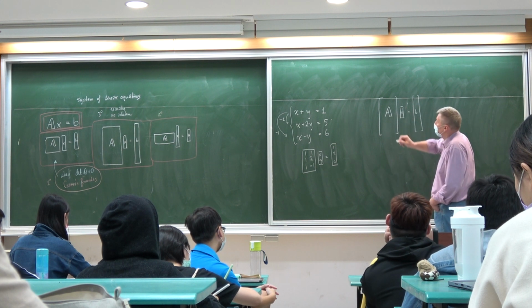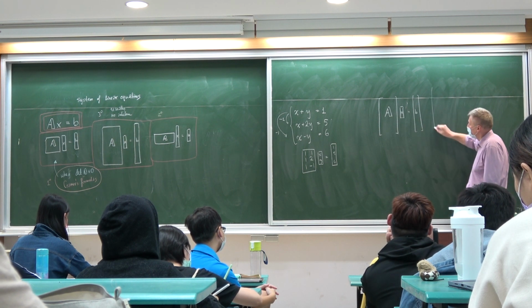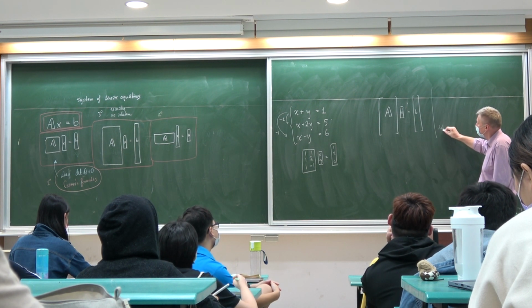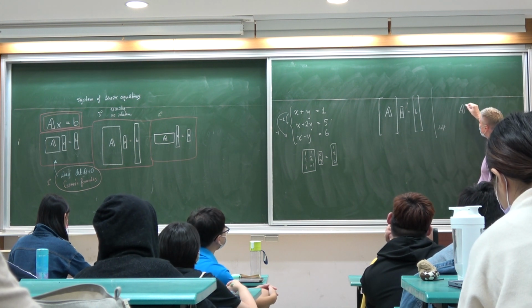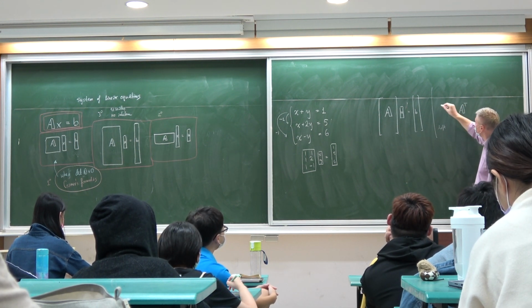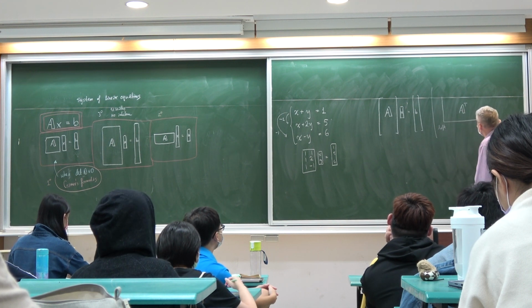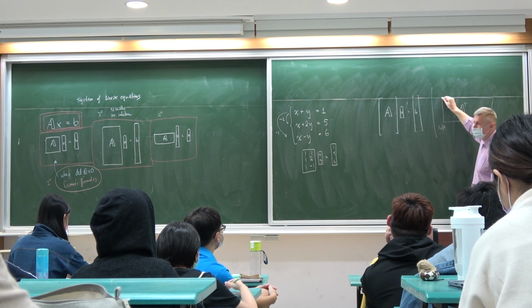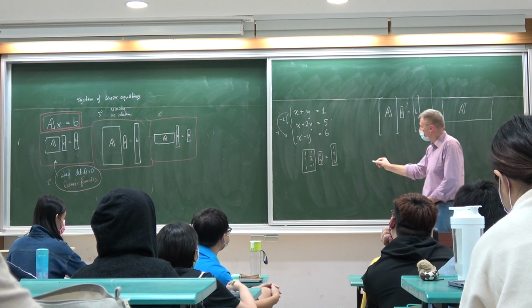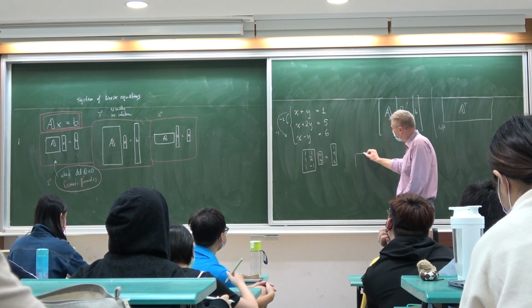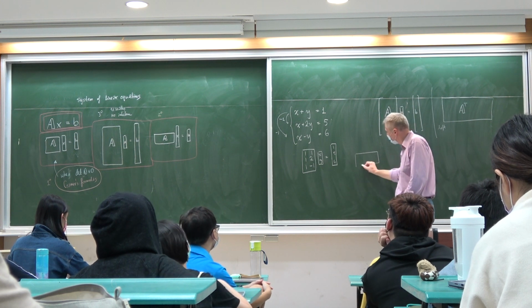Yes. You multiply this equation on the left side by the matrix A transpose. Matrix A transpose looks like that. If you multiply this equation by the matrix A transpose, you are getting the following thing.